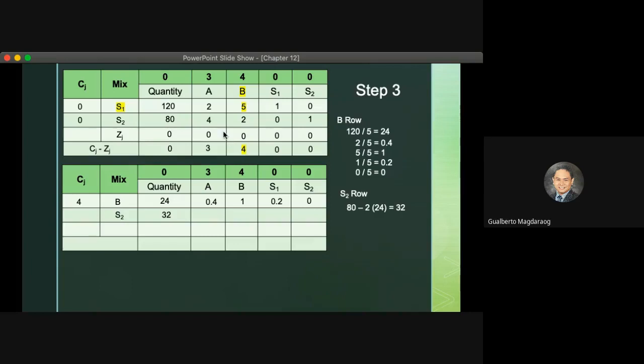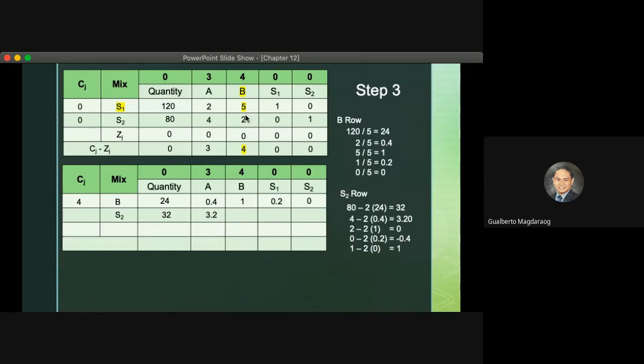So for column A, that's 4 minus 2 times 0.4. Okay? 4 minus 2 times 0.4. So for column A, that is 3.2.